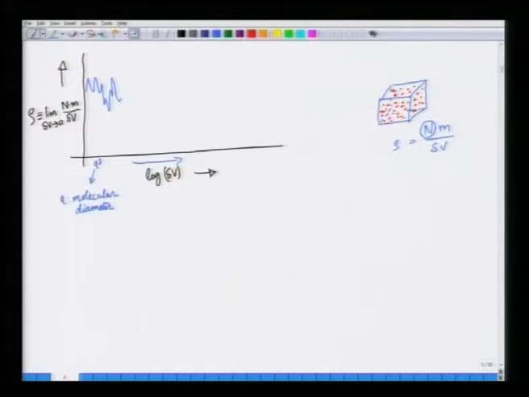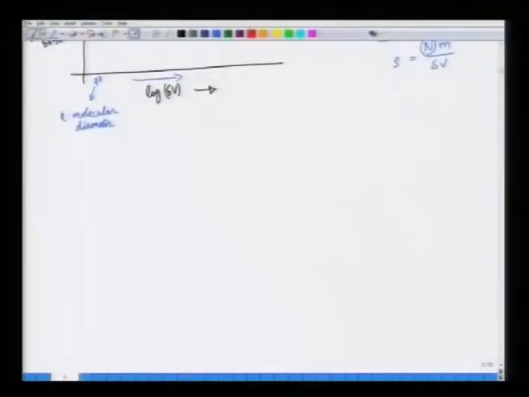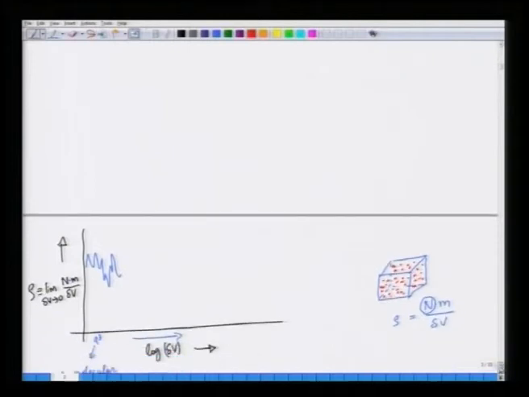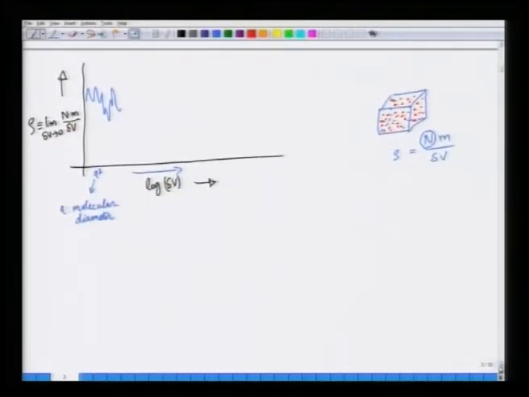So, even though n is still fluctuating, the fluctuations cannot play a big role in defining the numerical value of the density. As you increase delta V, you will find that the density will eventually settle to a constant value.